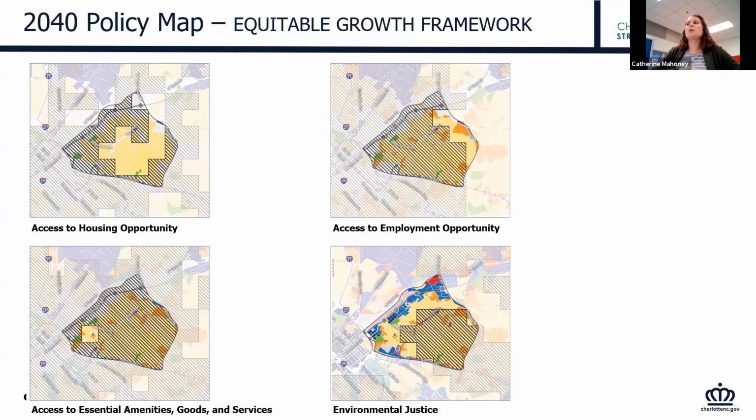And then it's also pretty well served by employment. That's the map on the upper right-hand corner of the grid. The areas that are hatched out are considered served. And so we are not going to spend too much time on those. We'll look a little bit closer at the access to housing and environmental justice in this area.